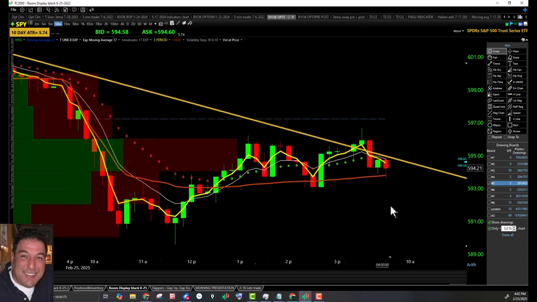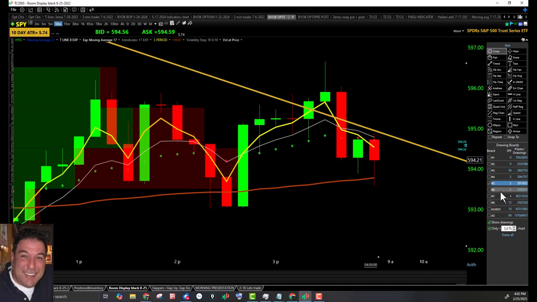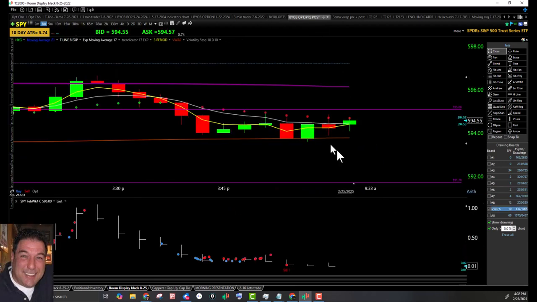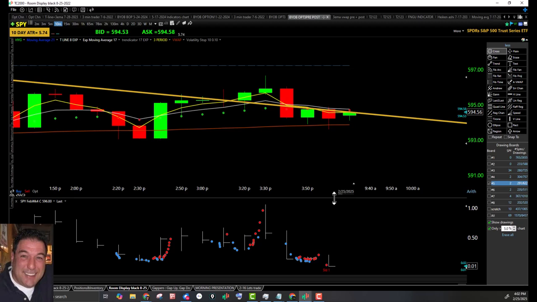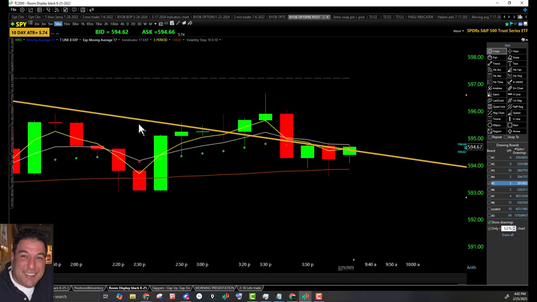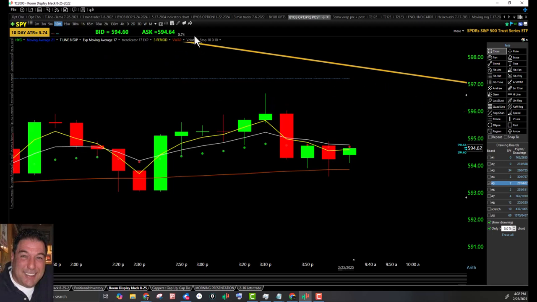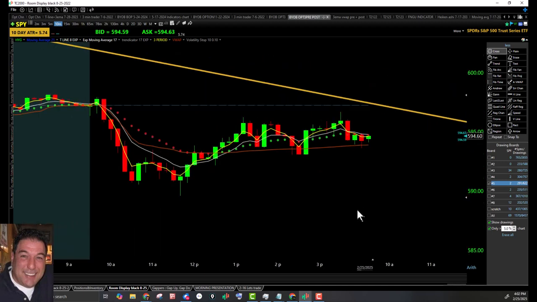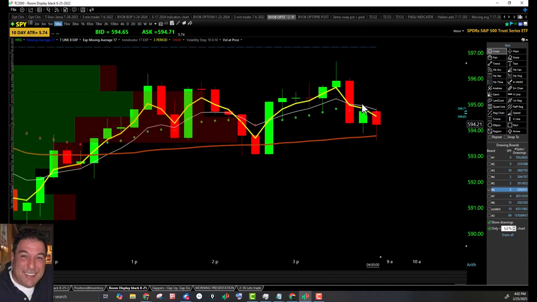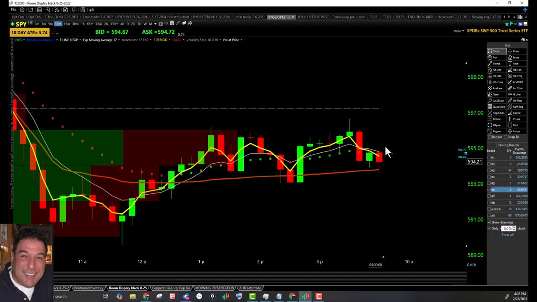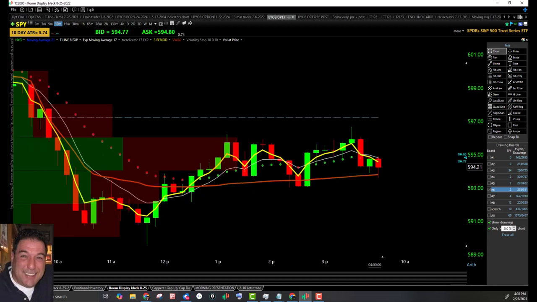All right, on the 10-minute chart, let's look at this right here. I want a cleaner one than that. All right, on the 10-minute chart today, we got a 10-minute downtrend coming into the close, but that's a bull flag right there.